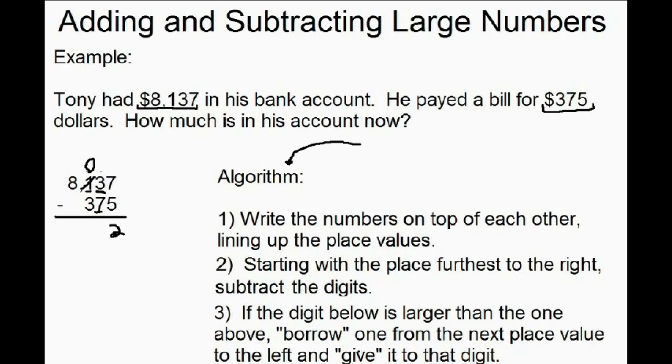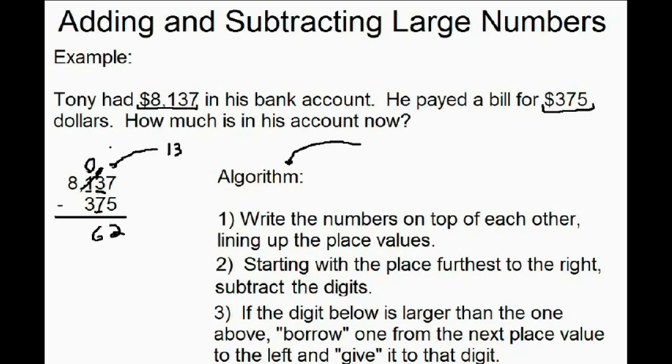And we're going to take that 1 and give it to our digit here. By giving it to that 3, we've essentially made 13. It's hard for me to squeeze that 1 in there, so usually I write it on a little angle above, but that's essentially what it means. That's 13. So now instead of 3 minus 7, we have 13 minus 7, and 13 minus 7 is 6.